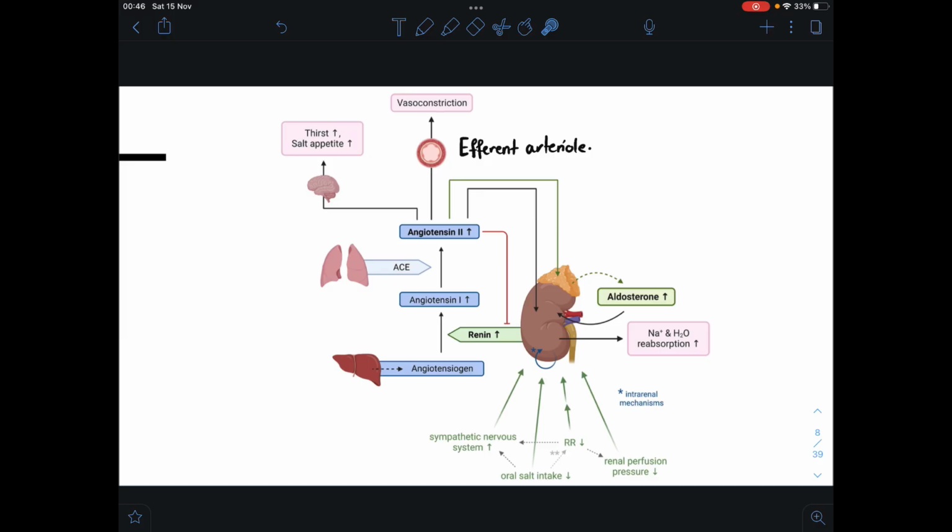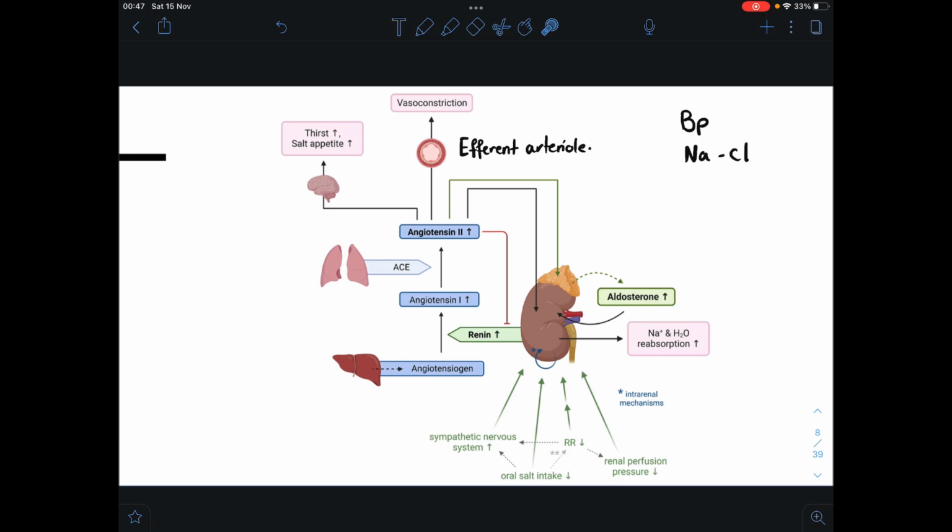In cases of low blood pressure, for example, when the blood pressure decreases, or when the sodium and chloride levels decrease in the blood, these are sensed in the aortic arch by baroreceptors, or the juxtaglomerular apparatus, which is present in the nephron. They sense the decrease in blood pressure, and there's also the macula densa, which measures the levels of sodium and chloride in the blood.